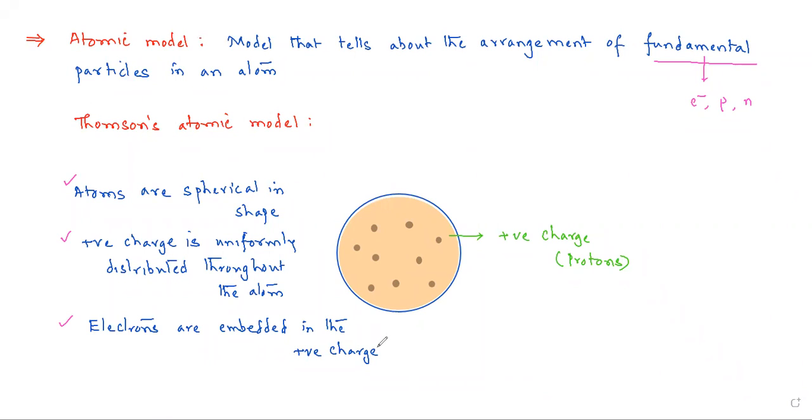Now this particular model was given different names. For example, it appears to be a kind of plum. Plum, of course, we say regu pandu. It was given the name plum pudding.